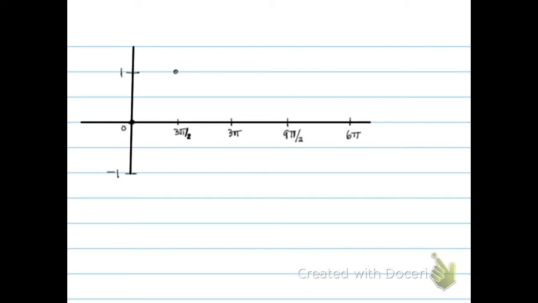At 3 pi, I'm at 0. And at 9 pi over 2, I'm at -1. And at 6 pi, I am located at 0. So again, my function is this graph. Okay? And that's it.